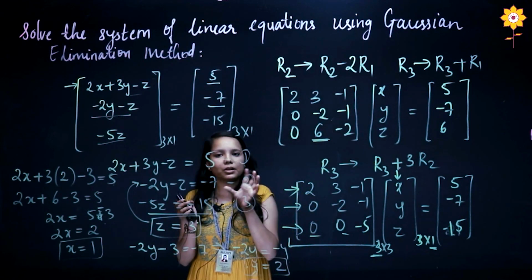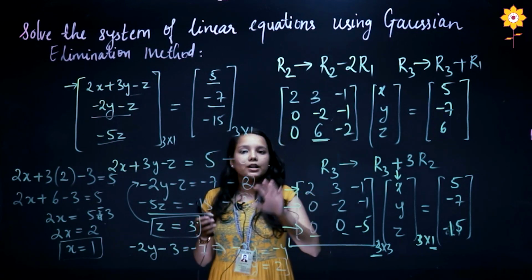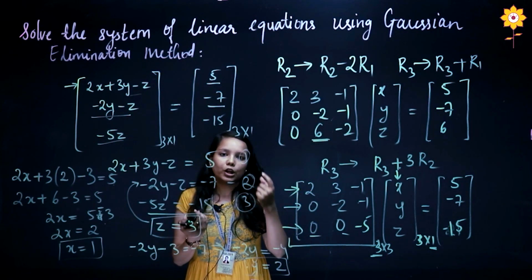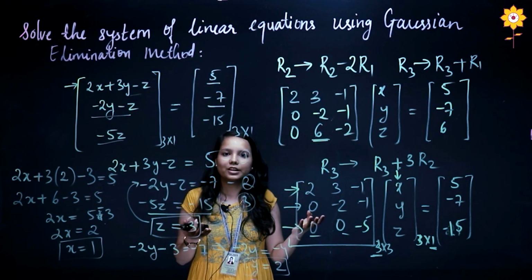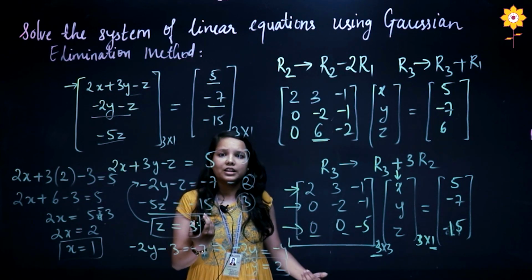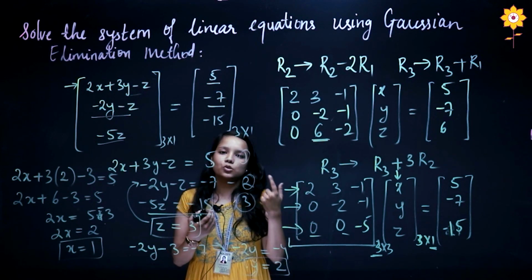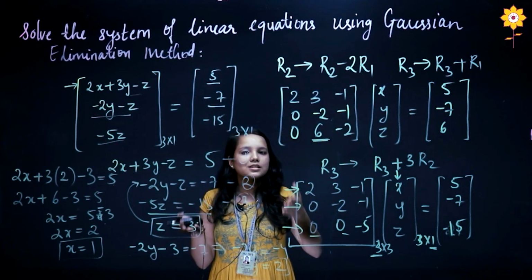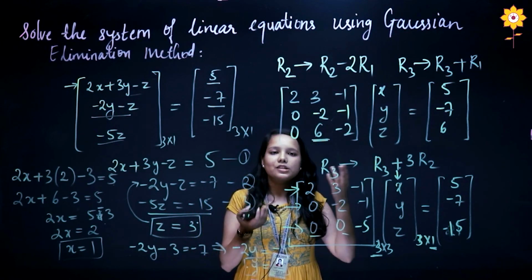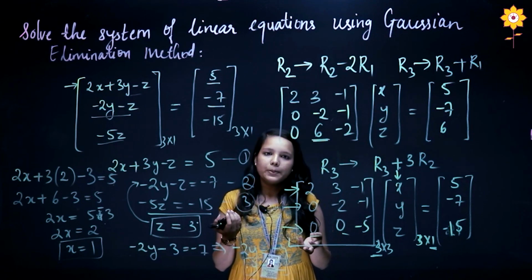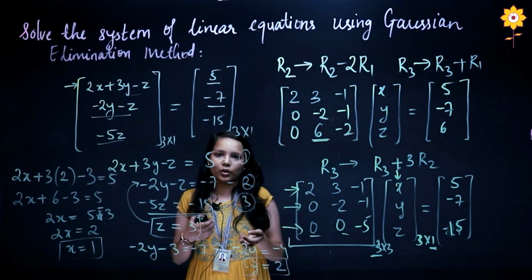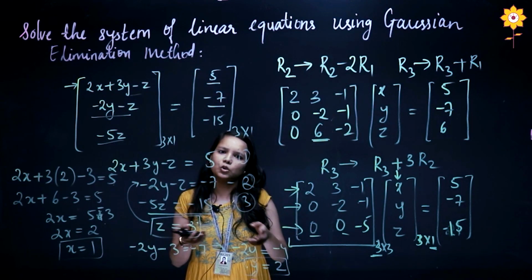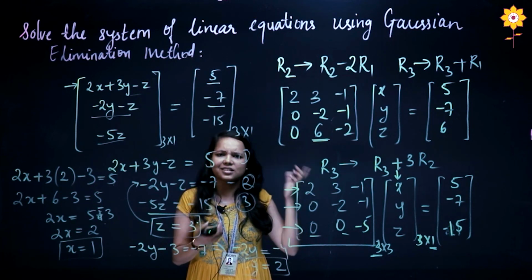The substitution method can be used for small numbers, but when the value of n is large and there are so many linear equations, it will be very difficult to solve using the substitution or elimination method. So for that we can just use this matrix form, which is the Gaussian elimination method, to solve the linear equations. So you can use this method to solve 4, 5 and 6 unknowns also.